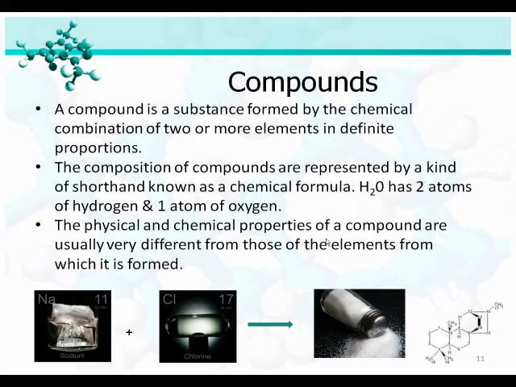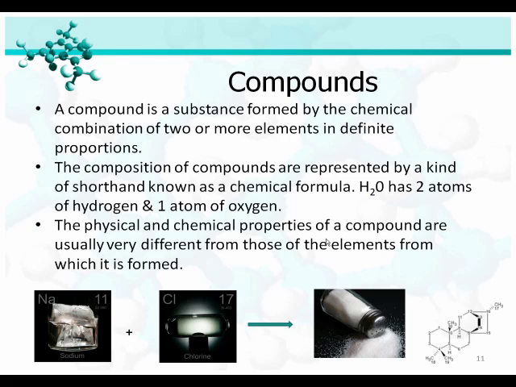A compound is a substance formed by the chemical combination of two or more elements in definite proportions. The composition of compounds is represented by a kind of shorthand known as a chemical formula. H2O, water, has two atoms of hydrogen and one atom of oxygen. The physical and chemical properties of a compound are very different from those of the elements from which it is formed.